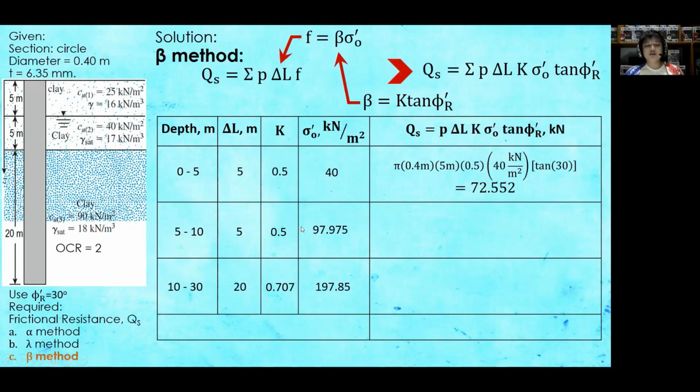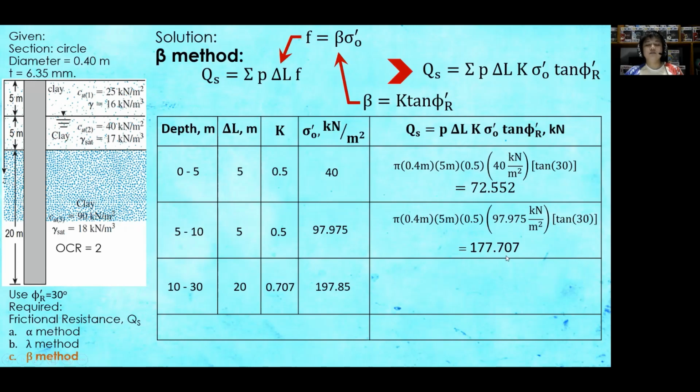Next, for segment 5 to 10, the perimeter is pi times 0.4 meter, times delta L of 5, times K of 0.5, then multiply it to the sigma O prime, that is 97.975, and multiply to the tangent of phi prime r, that is 30 degrees.